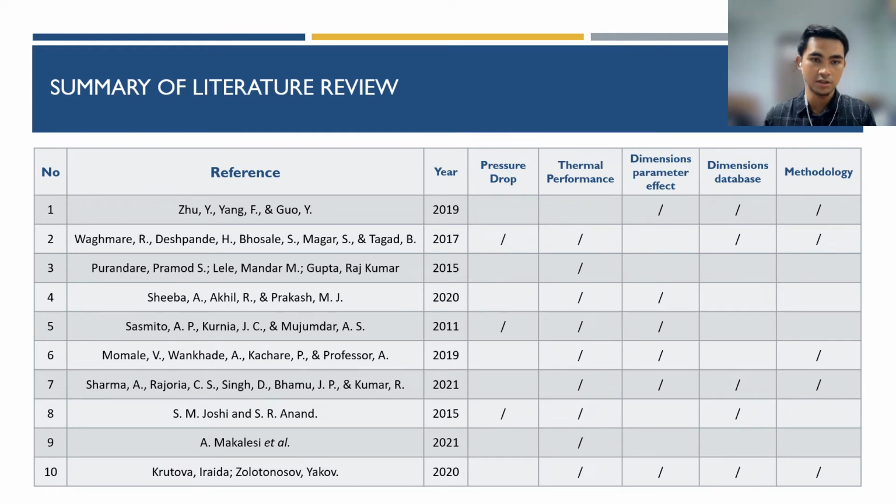Based on the literature review that I referred to, most of the researchers emphasized these criteria: the pressure drop, the thermal performance of the heat exchanger, and the effect of the dimension parameters on the heat exchanger. For example, article number 10 mentions that when the coil turn number increases, the heat exchanger area also increases.